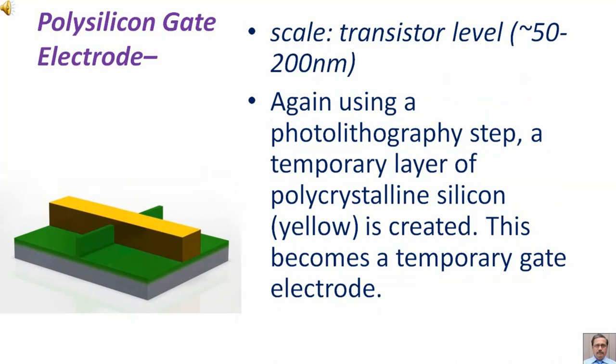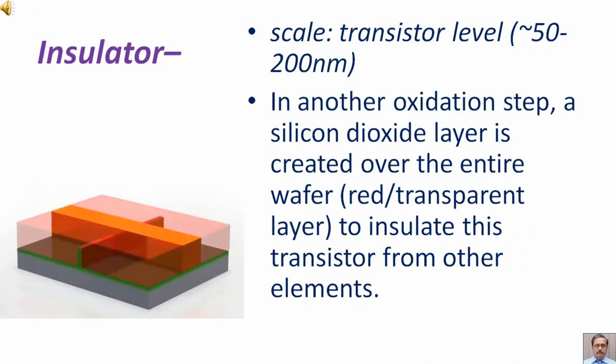Again, using a photolithography step, a temporary layer of polycrystalline silicon, shown in yellow color, is created. This becomes a temporary gate electrode. Insulator.